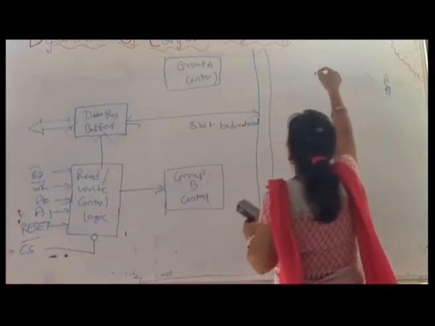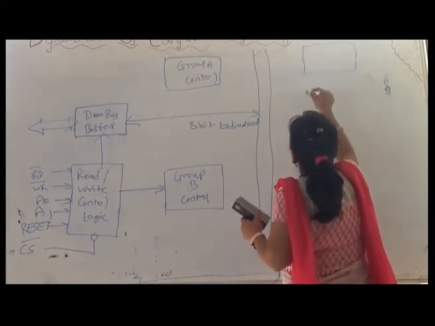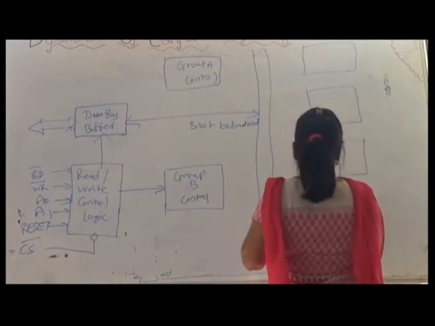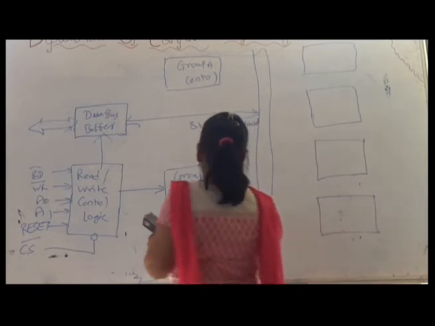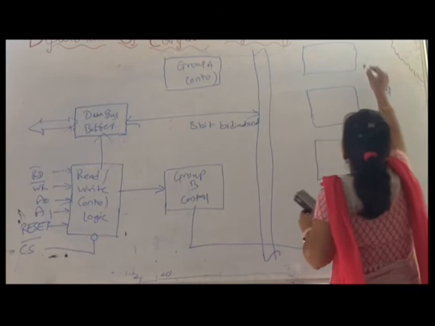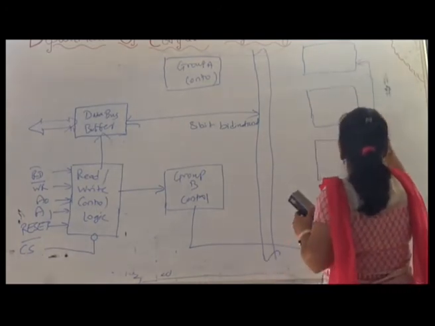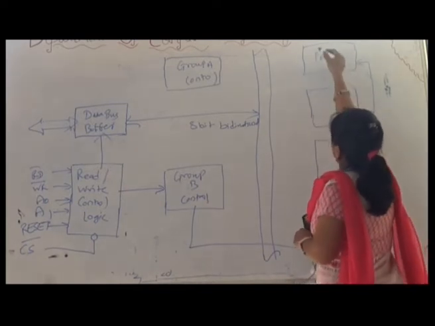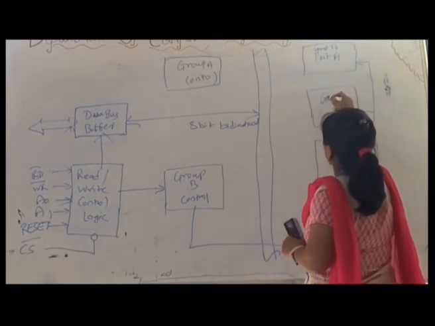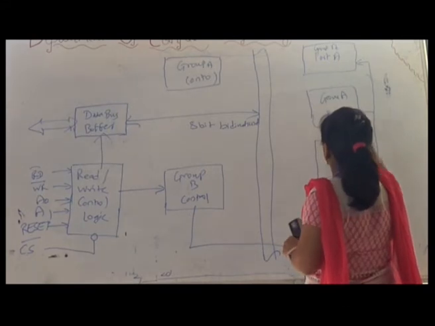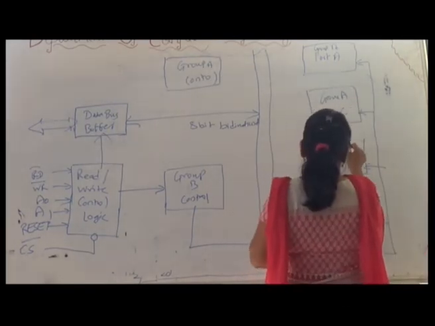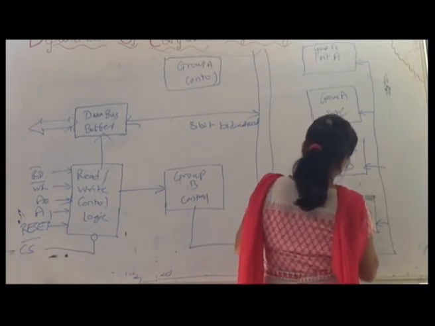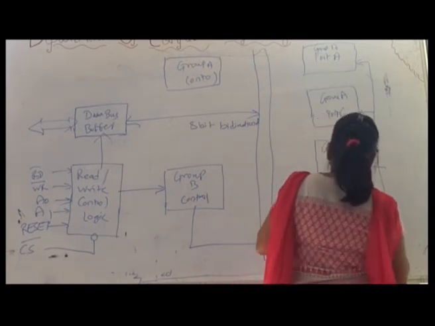Now again we will draw all the blocks. This is port A from group A. Again this is port C from group A and group B. This is port B from group B only.